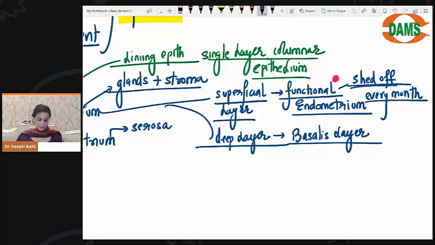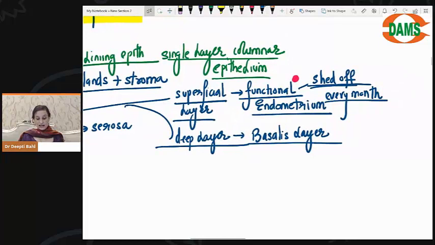The basal layer is the one that does the regeneration. So every month the endometrium is shed off, and every month it is regenerated as well. The functional layer is shed off, whereas the basal layer stays and does the regeneration.